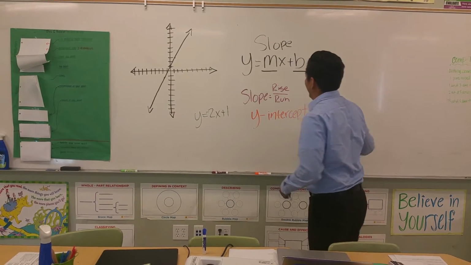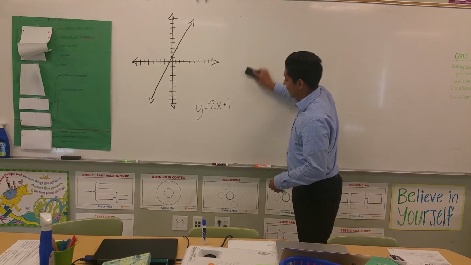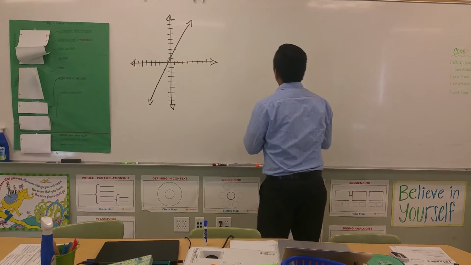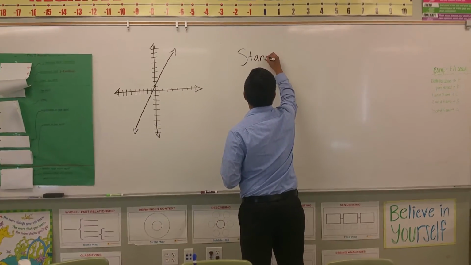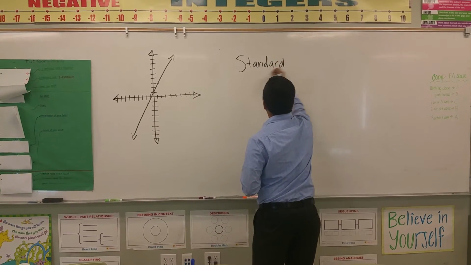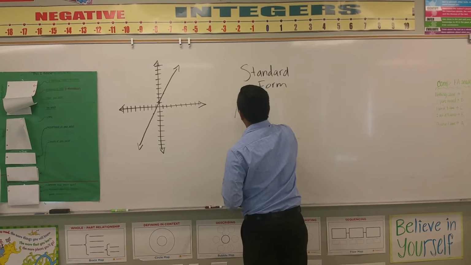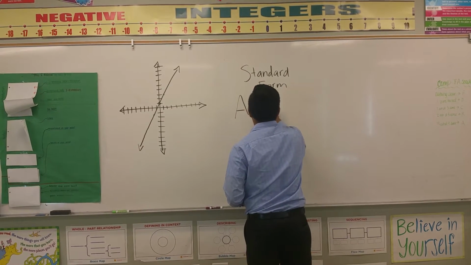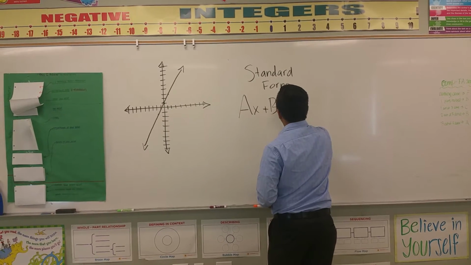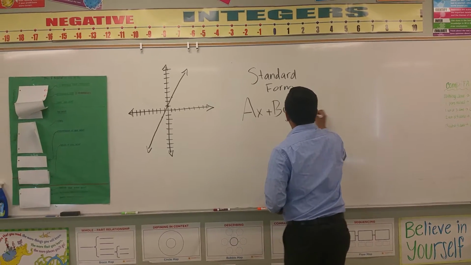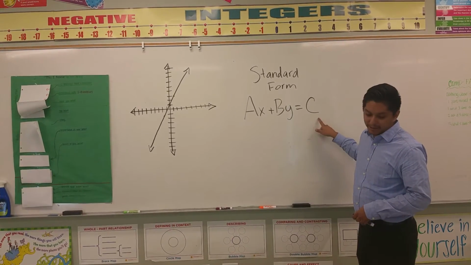And standard form actually looks a little bit different. So we do have a specific form. We have standard form. And that's going to look like ax plus by equals c.